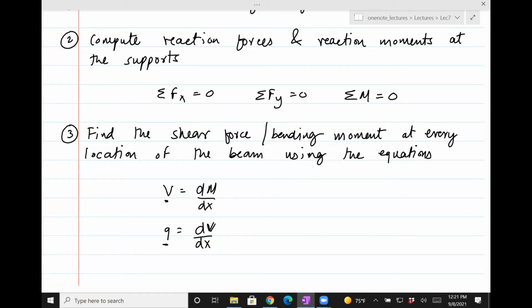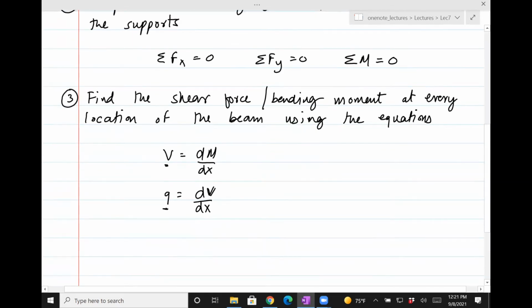So you will not really do it for every location, but you will do it judiciously, and you'll probably use that formula maybe 3 or 4 times, depending on the load. So that should become clear when I do some problems.